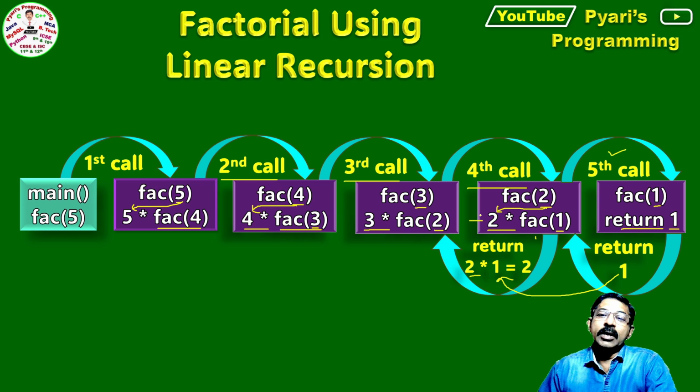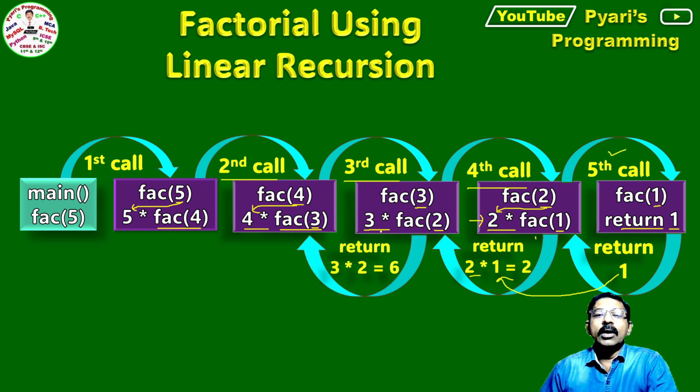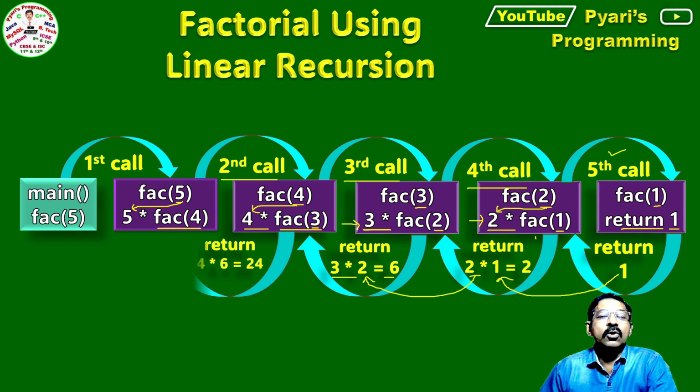Before this we have a return statement again. So again it will return the value. What is the value it is returning now? It is returning 2. The non-executable part is 3 into, so 3 into 2, the result is 6. Now here we have a return statement, so it will return the control back to the function call. What is it returning?